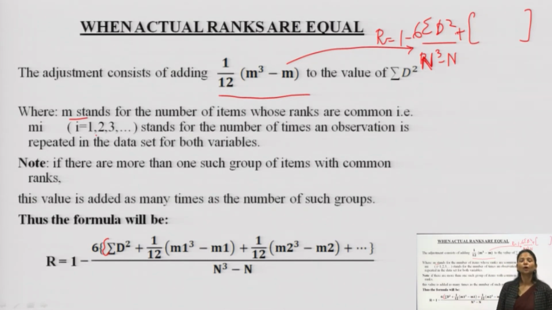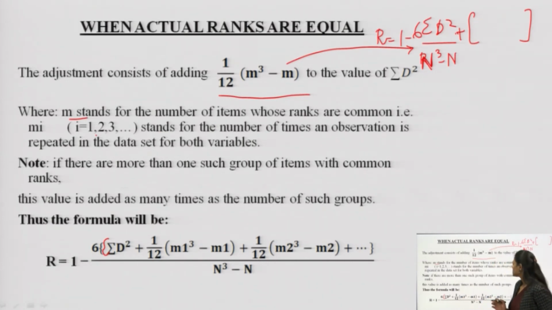It is not that only 2 or only 3 observations have equal ranks. There could be more than 2 observations placed at the same rank, and there could be another lot also placed at the same rank. Could be 2 observations with the same rank, this is one lot, and another lot with the same ranks.